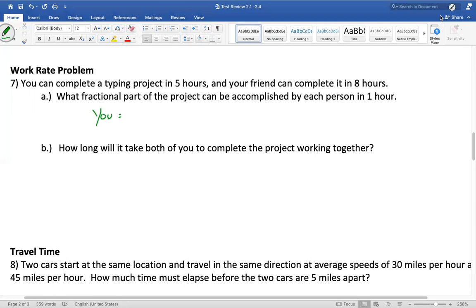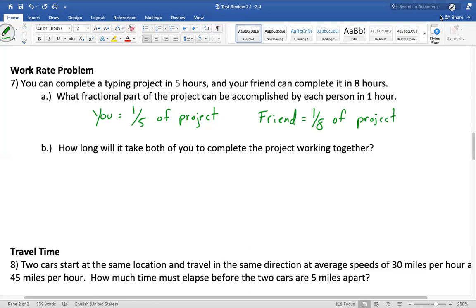You can complete 1/5 of the project in an hour. And that's because it takes you 5 hours. If you want 1 hour, 1 divided by 5 is 1/5. And your friend would do 1/8 of the project.